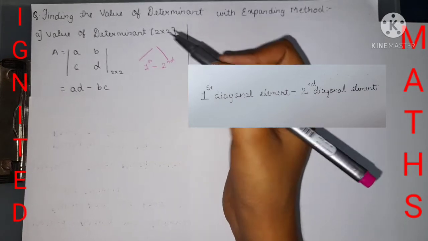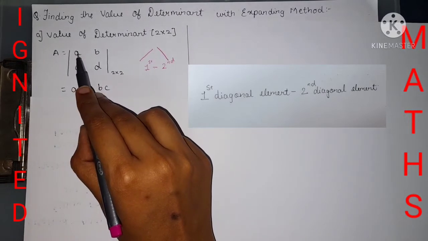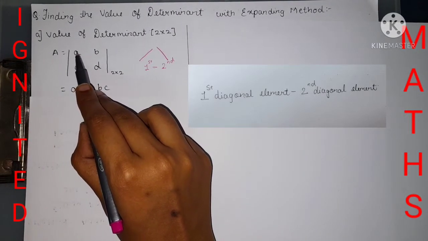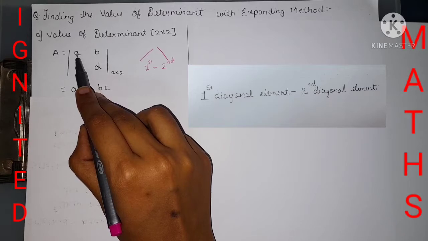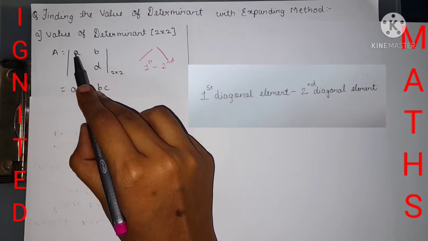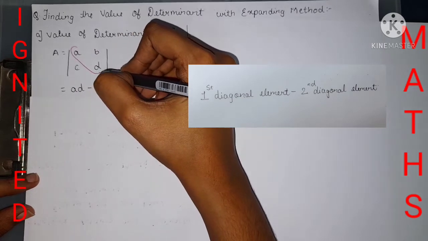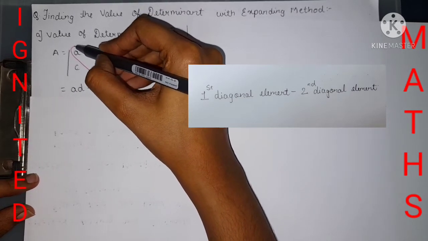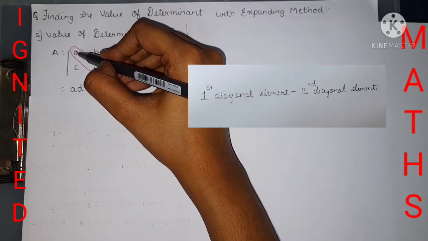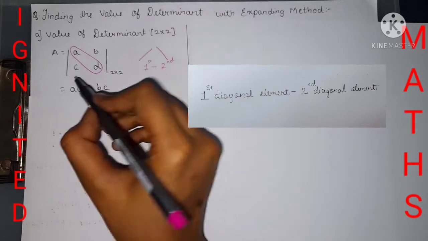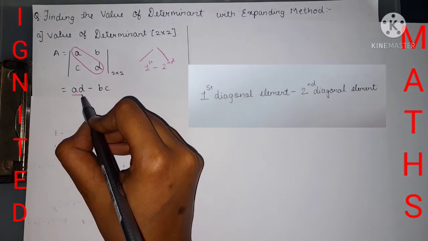So first diagonal element, let's take from the a11 element, first row, first column. So the a11 element, the element is a. So multiply the first diagonal element. First diagonal element will be ad, right? Because the diagonal element of a will be d.